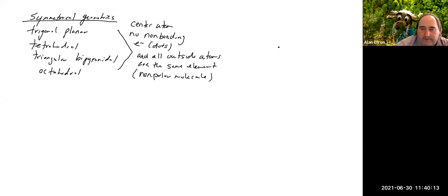So for example, if I draw this guy here, carbon with some fluorine, I look at my central atom, I do not see dots. If I want to, I see 4 electron pairs, I see 4 bonds, I see tetrahedral.